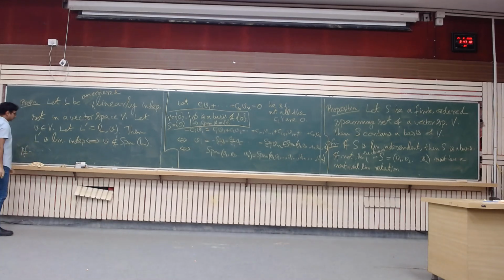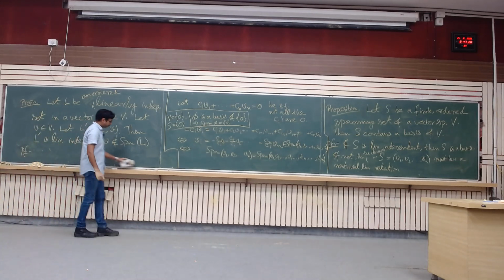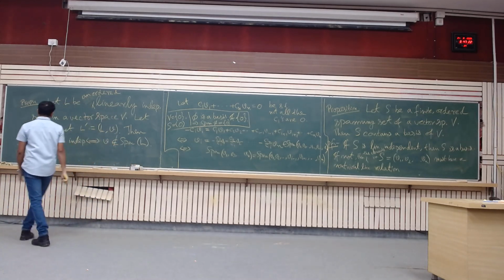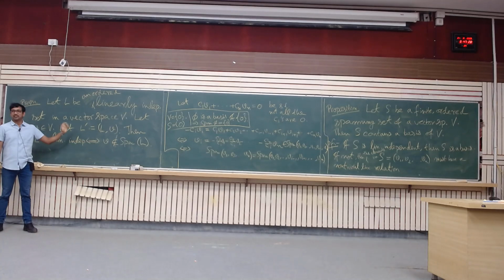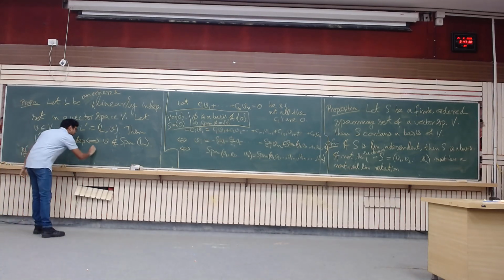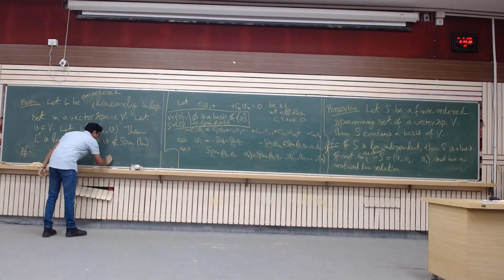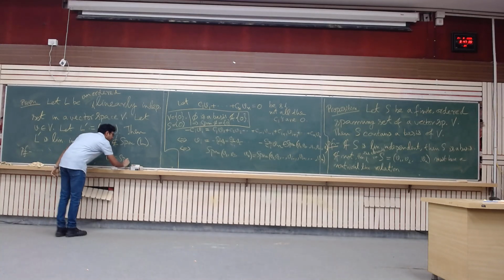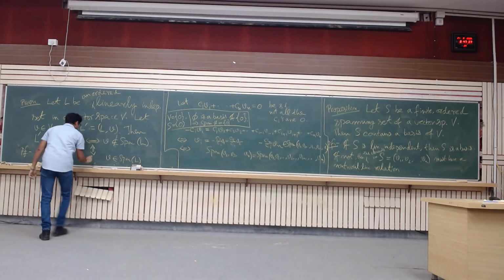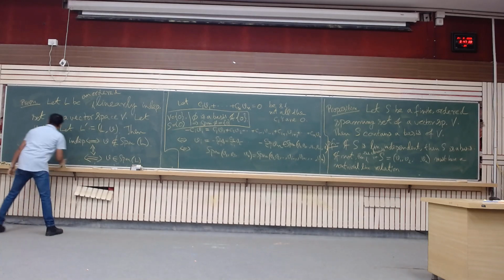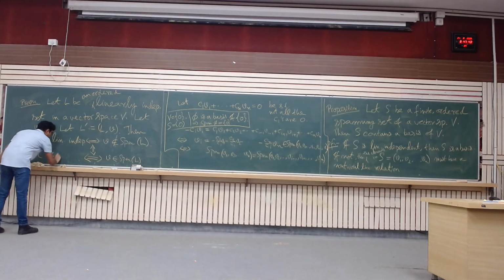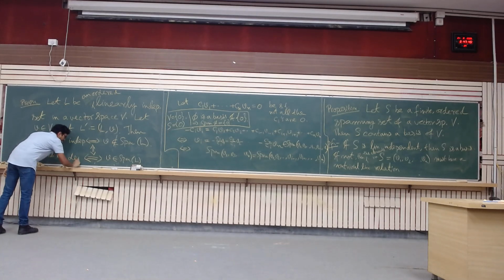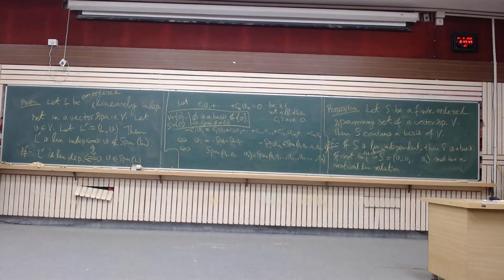And the proof is rather simple. We do not prove this equivalence directly, we prove its contrapositive. That is, v in span L would be equivalent to saying that L prime is linearly dependent.